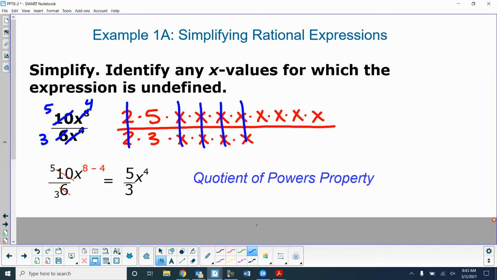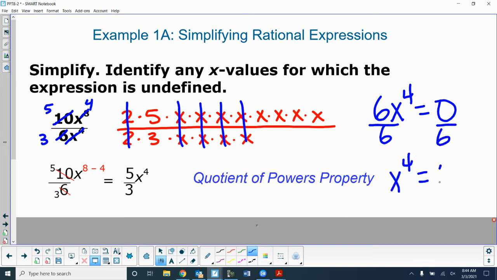It says identify any x values for which the expression is undefined. So that's what makes the bottom equal to 0. That's what I'm identifying. So how do I solve for x here? Good. What's 0 divided by anything? 0.